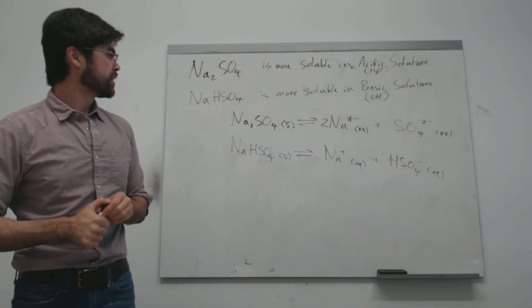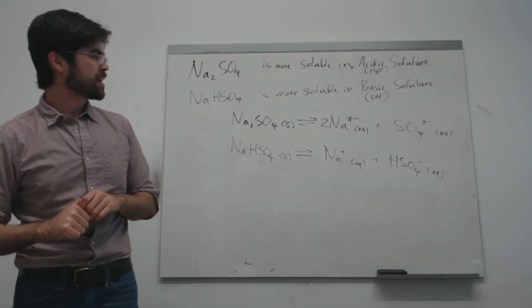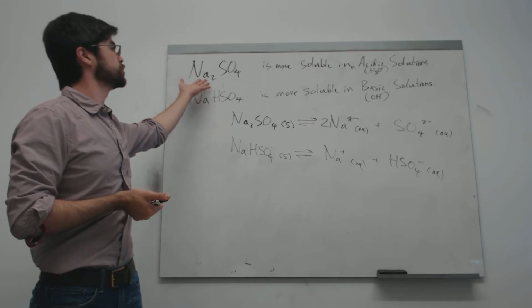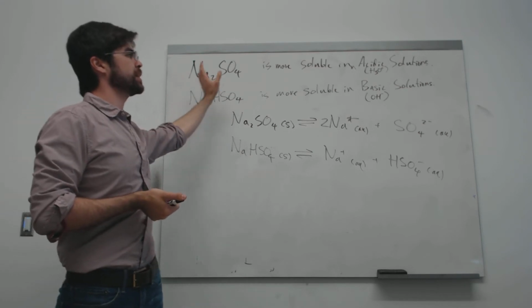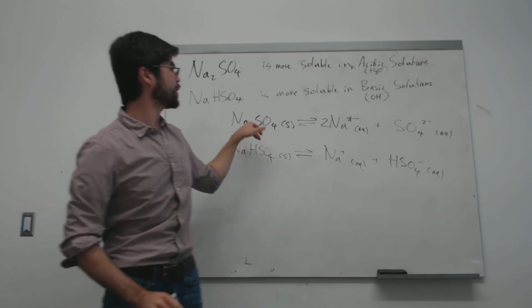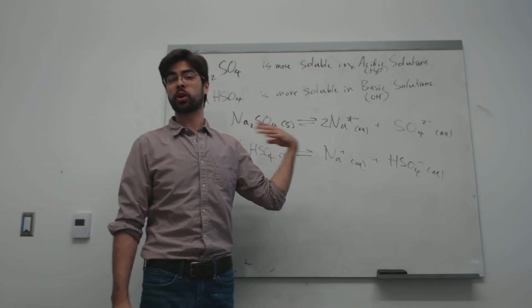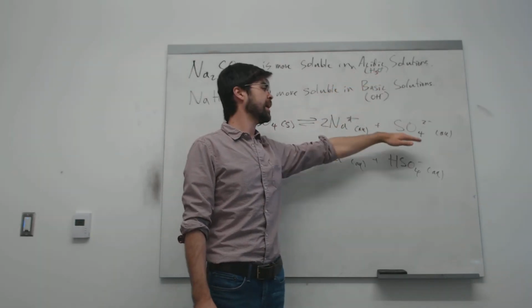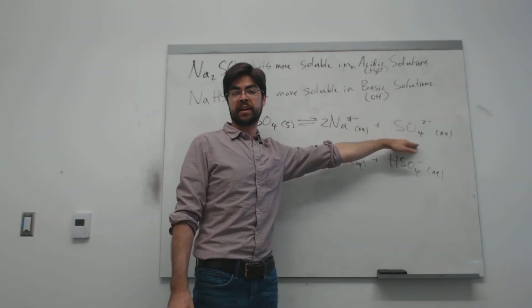So let's think then about what type of reactions are occurring here. In an acidic solution, we've said sodium sulfate is more soluble. So what type of reactions could occur between an acidic solution, hydronium, and either of these ions?